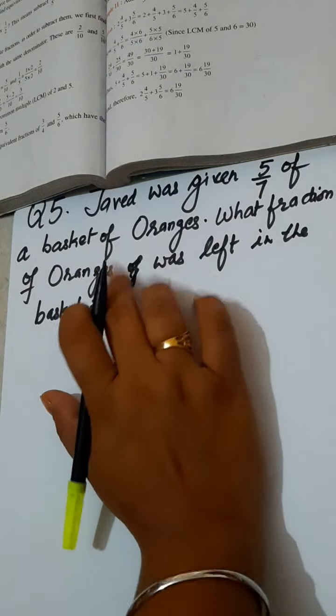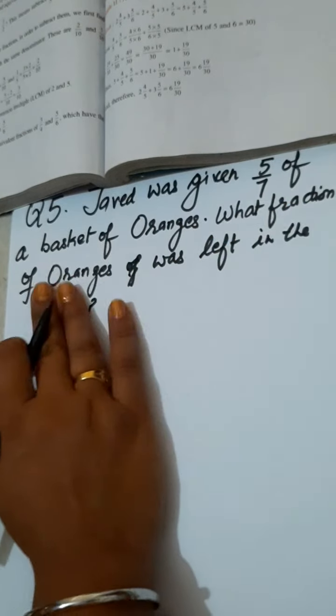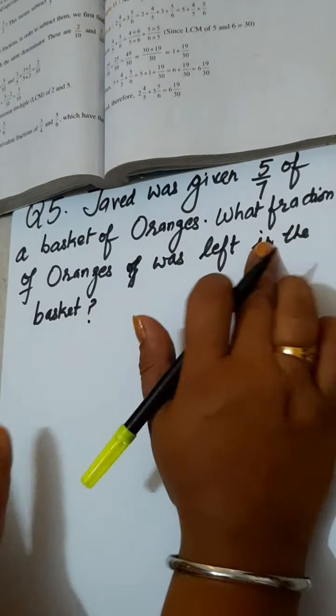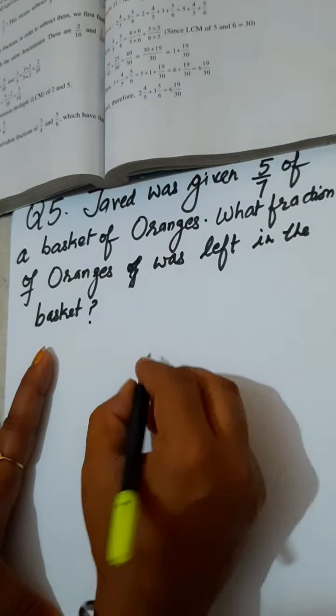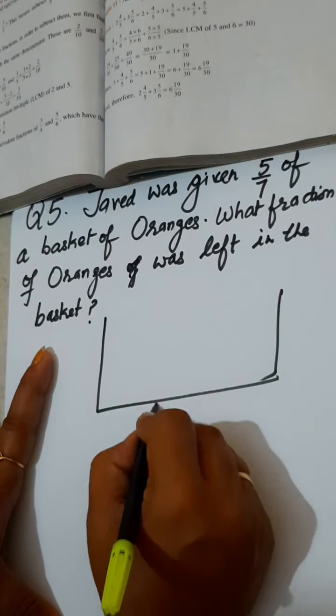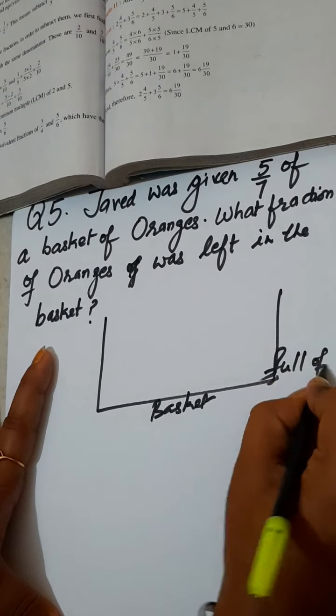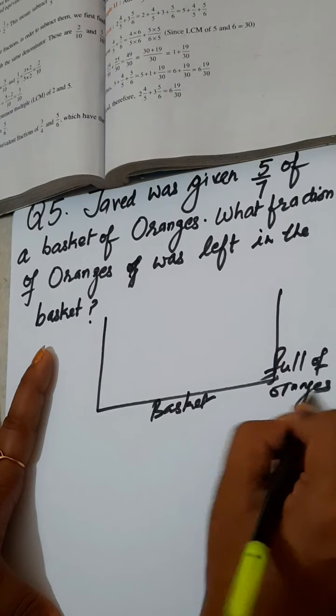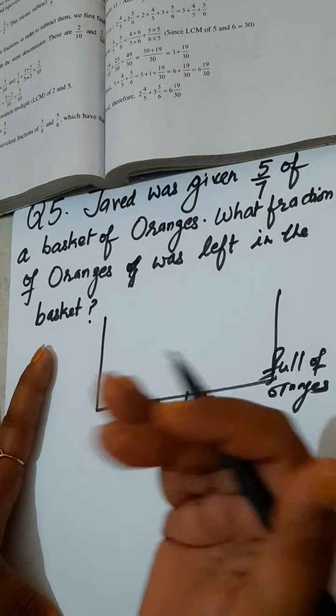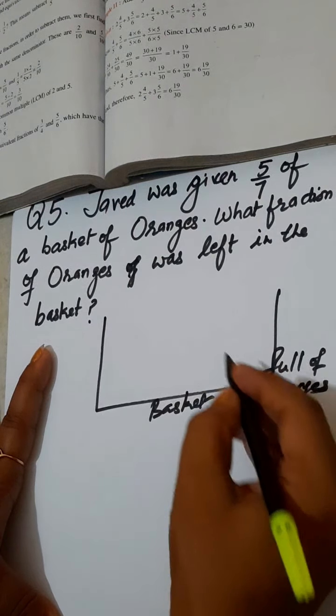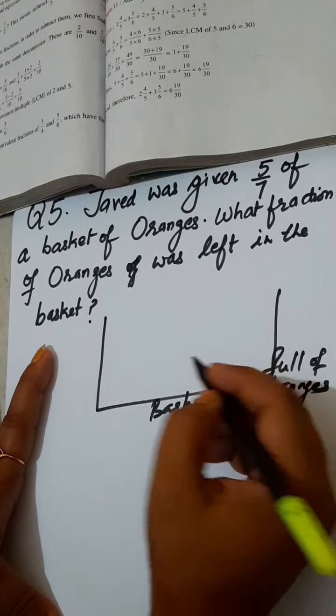Next we have question number 5. Javed was given 5/7 of a basket of oranges. What fraction of oranges was left in the basket? In this we have a basket, and this basket is full of oranges. It means we have 7 equal parts.